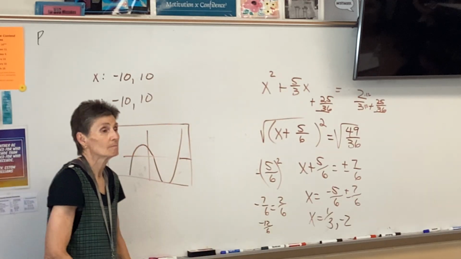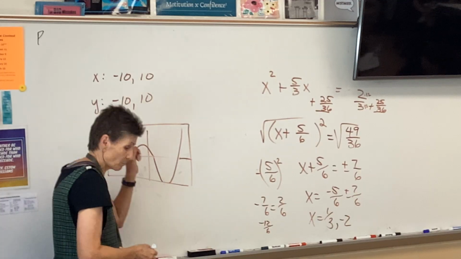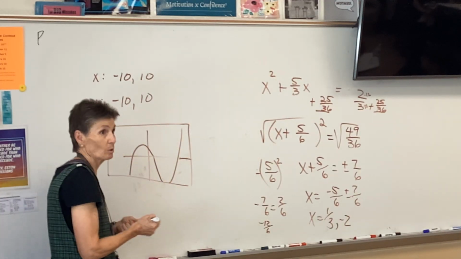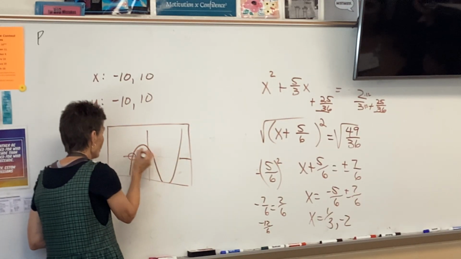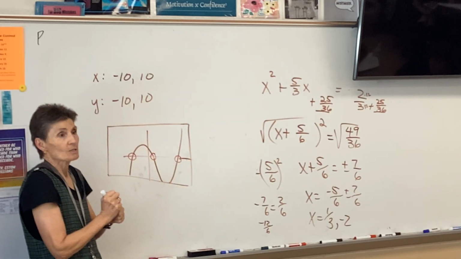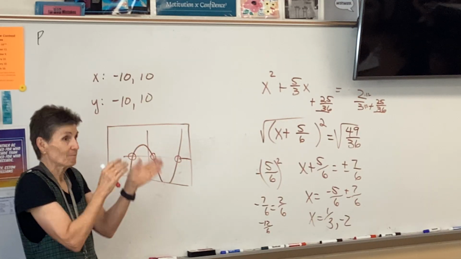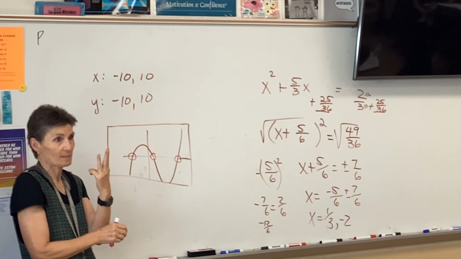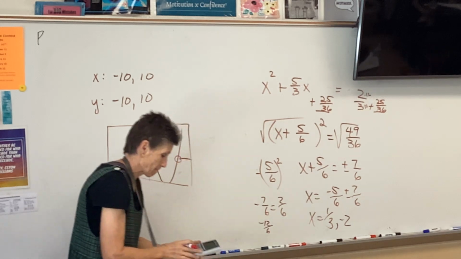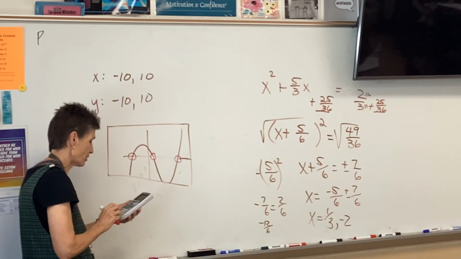Annalise? Yeah. Okay. So, remember now I'm solving. I didn't write the problem down, but where does it equal 0? So I am looking for these 3 points. So I'm gonna have to second calc 0, left bound, right bound, guess, 3 times. Let's do 1, make sure you know how to do that.